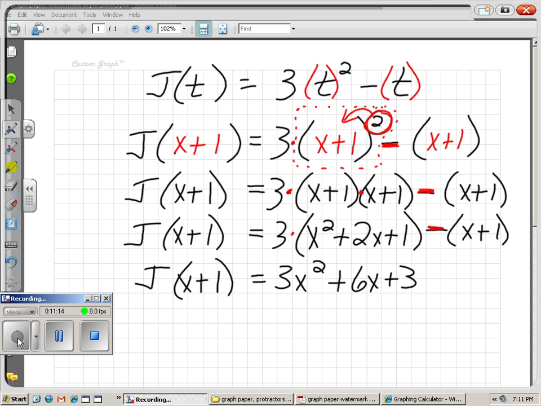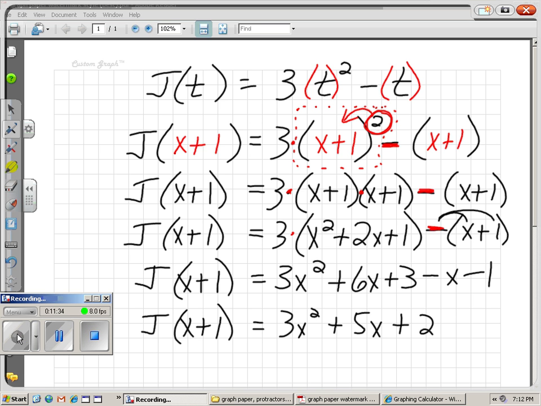Now while I'm at it, I'm going to go ahead and distribute this negative. Everybody in the parentheses gets that negative. So the negative times the x gives me a negative x or a minus x, and the negative times a positive 1 gives me a negative 1 or minus 1. Same thing. All right, the last thing we need to do is look for any like terms that we can add together. And this is what it ends up like. 3x squared, we didn't have any other x squareds to add to it, so it came down.